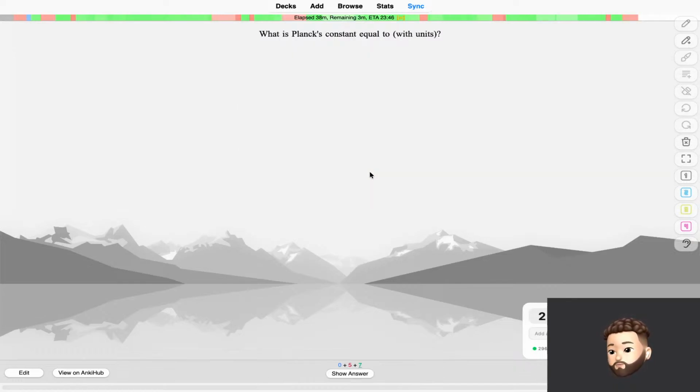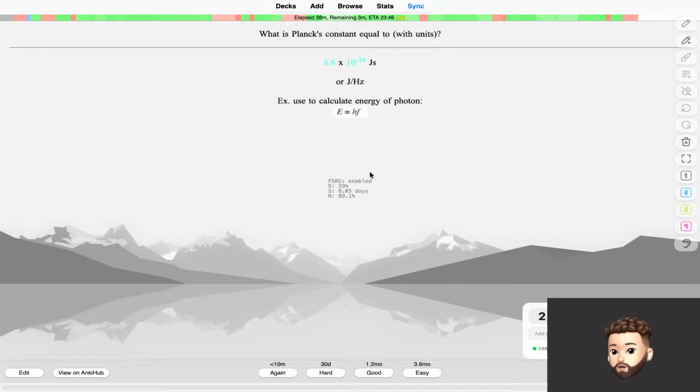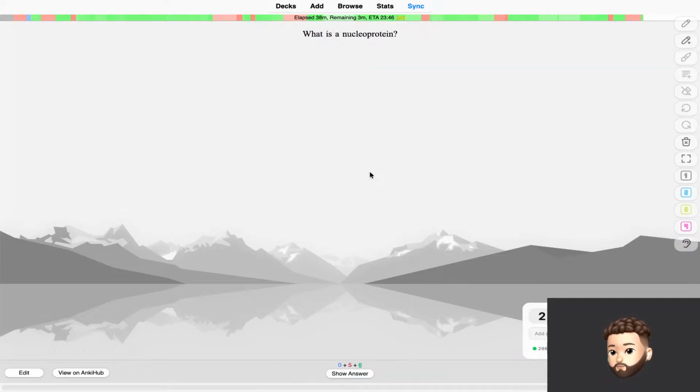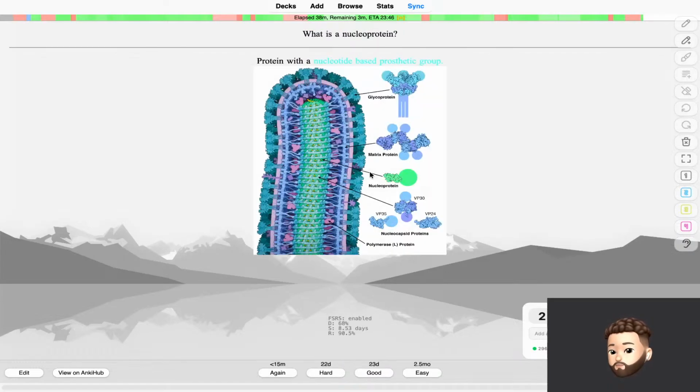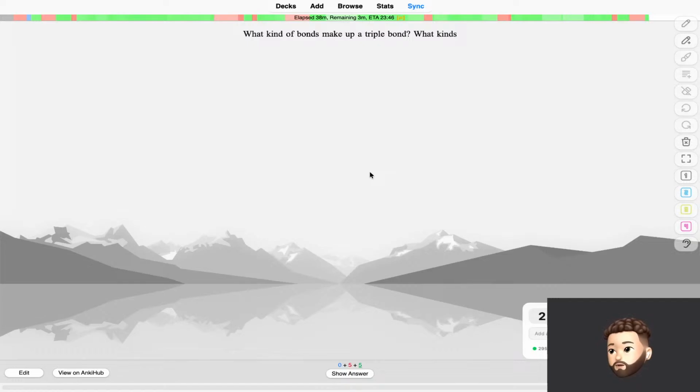6.636 times 10 to the negative 34th joule-seconds. A protein with a nucleotide-based prosthetic group. One sigma bond and two pi bonds.